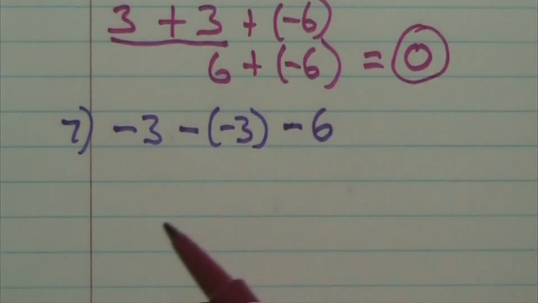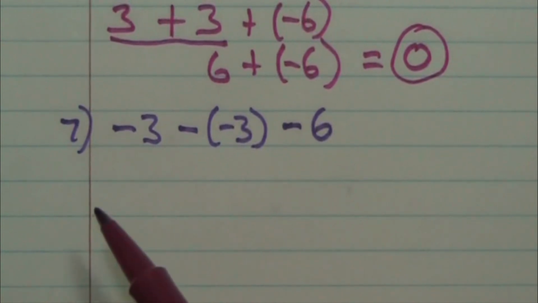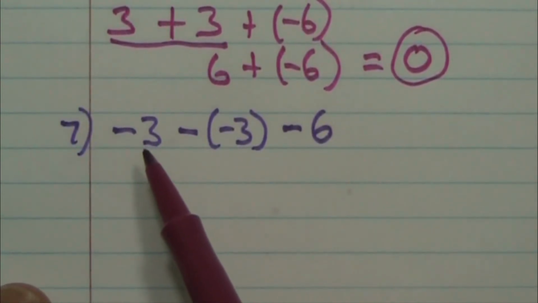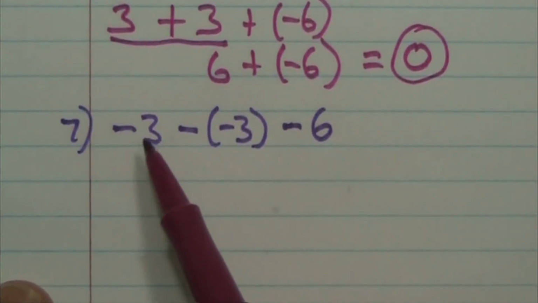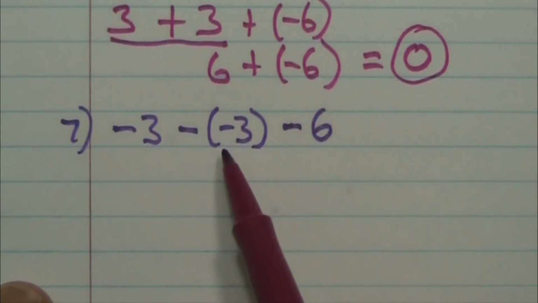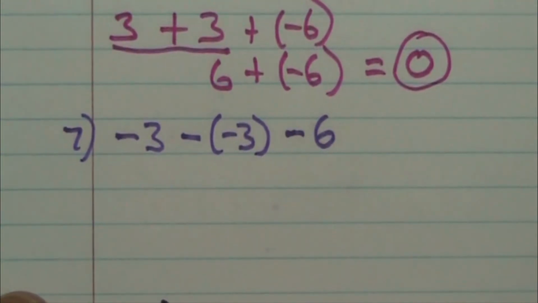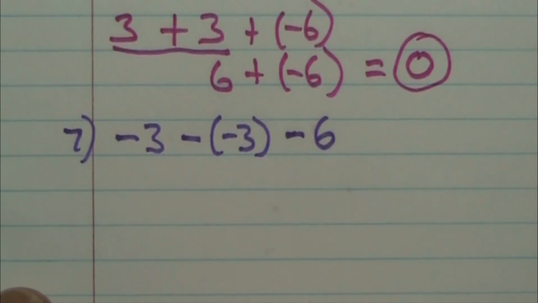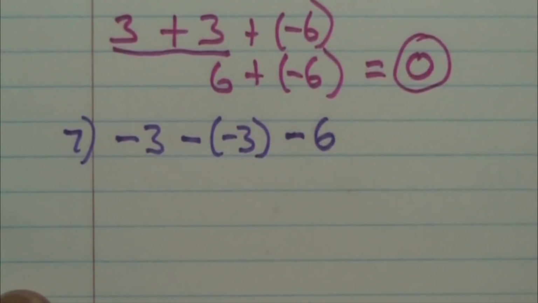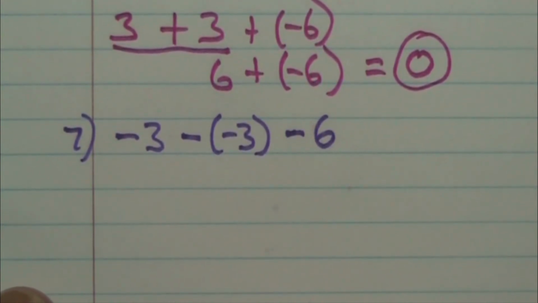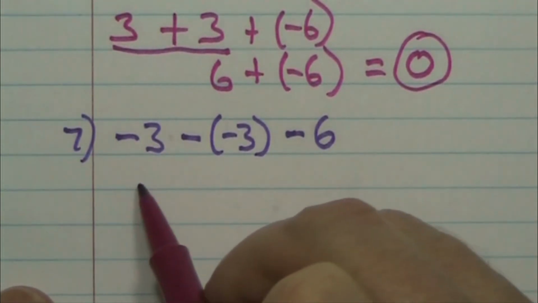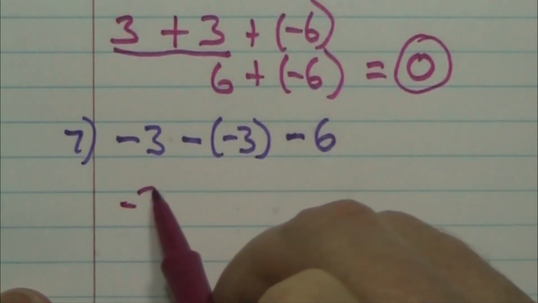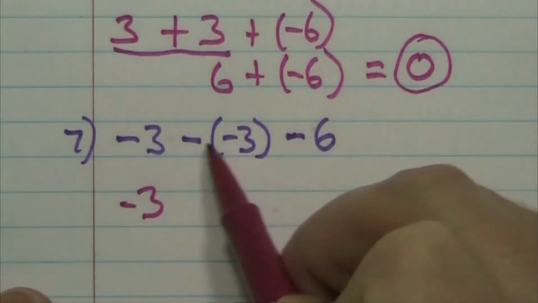Okay, this one's almost identical, except this time we have negative 3, negative 3, minus negative 3, minus 6. So 3 negatives. This is a big plus, right?